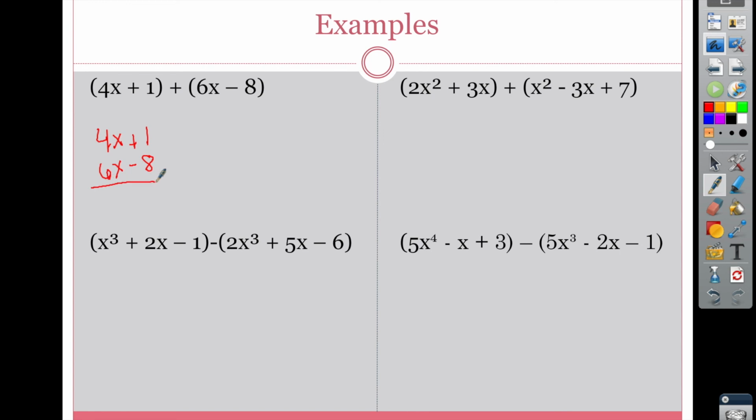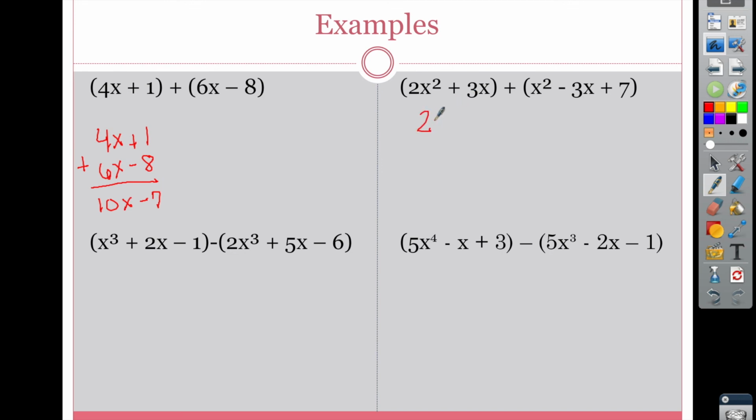Okay, let's add like terms. So 4 plus 6 is 10, and then we keep the exponent the same, so x. And then 1 minus 8 is negative 7. So our answer would be 10x minus 7. Okay, let's try our next example.